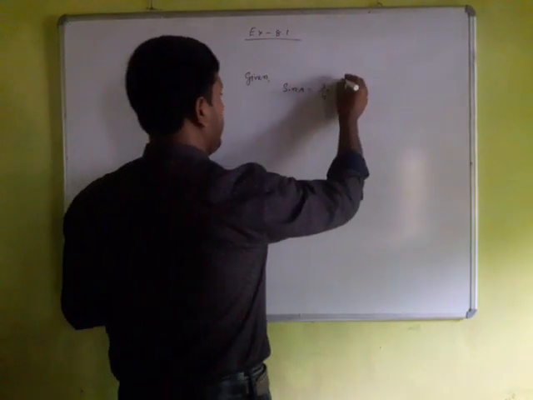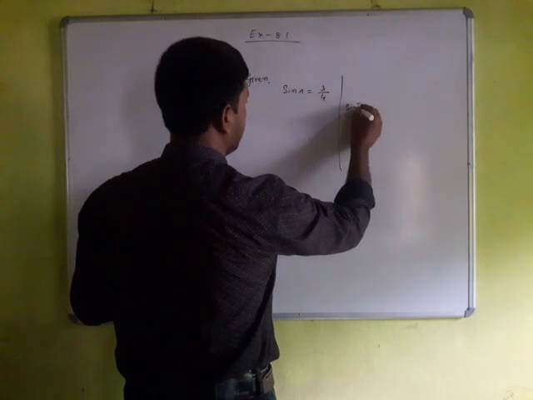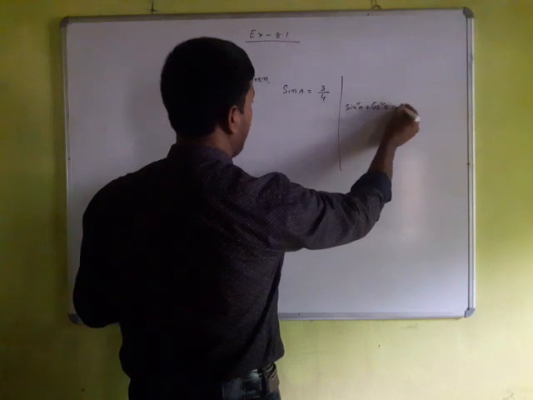So we have an identity, that is sin square A plus cos square A is equal to 1.